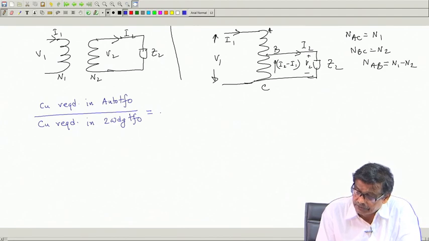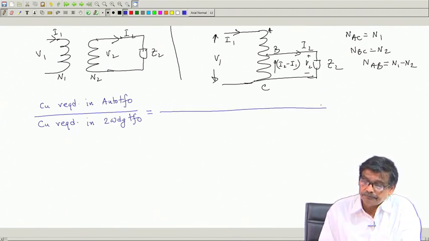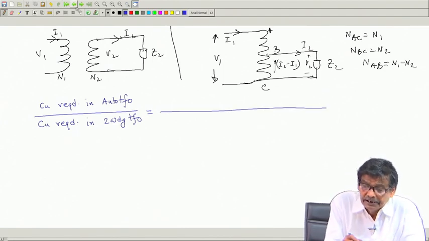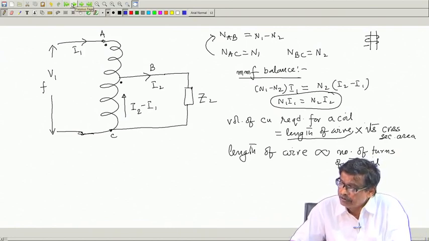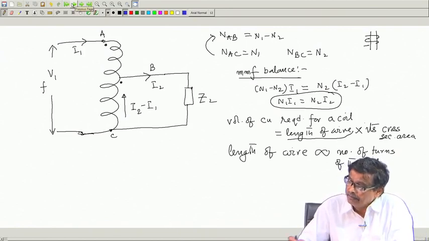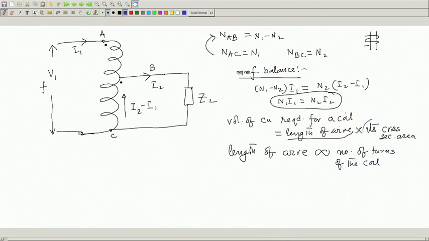This ratio I will try to find out. In the previous slide, I have told you the length of the wire is proportional to the number of turns of the coil. What about cross sectional area?